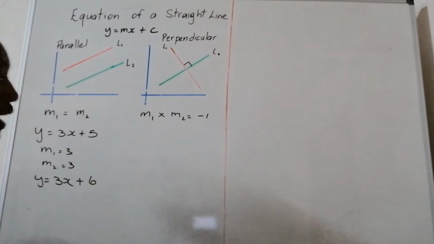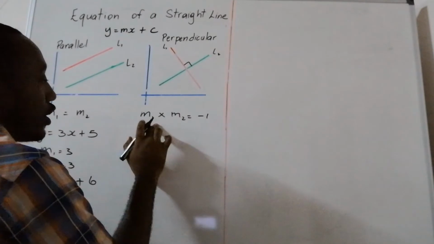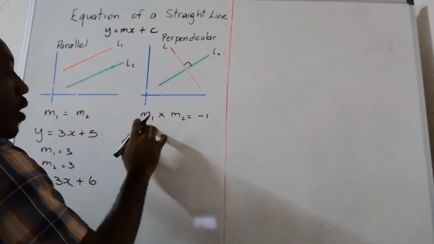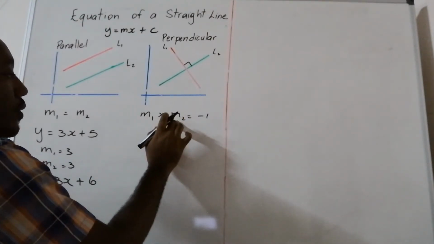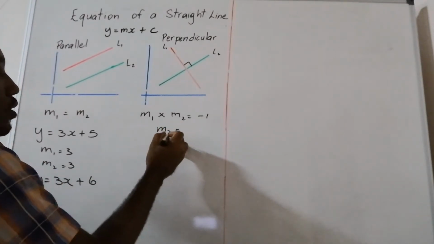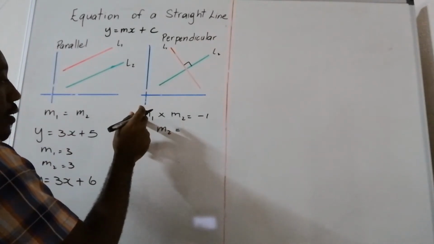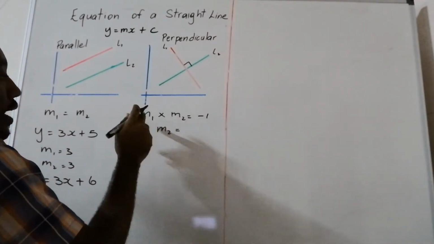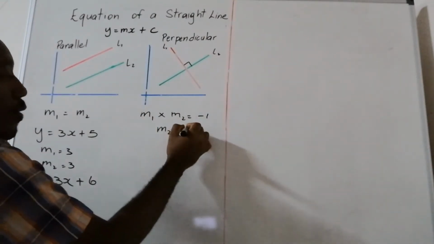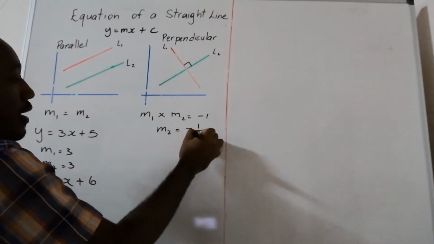So therefore, if we know the gradient of line 1 and we want to find the gradient of line 2, we transpose to make the gradient of line 2 the subject of the formula, and what we will have is m2 equals minus 1 over the gradient of line 1.